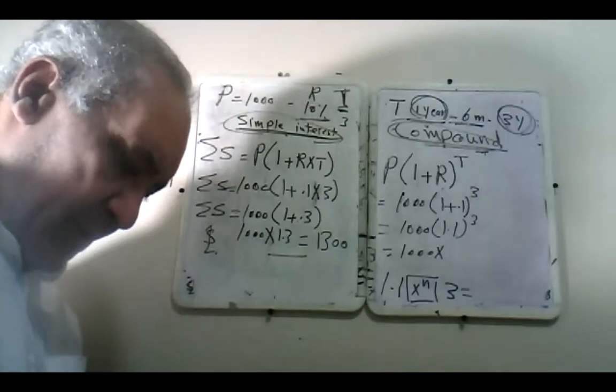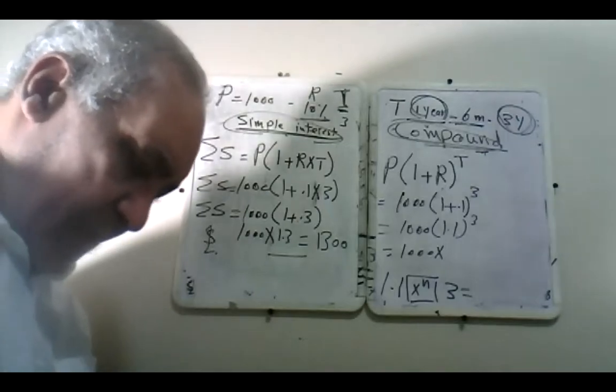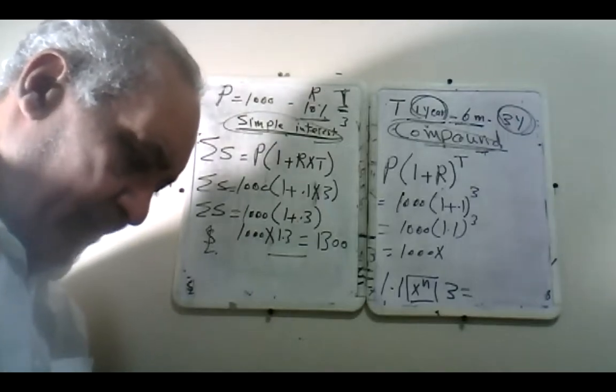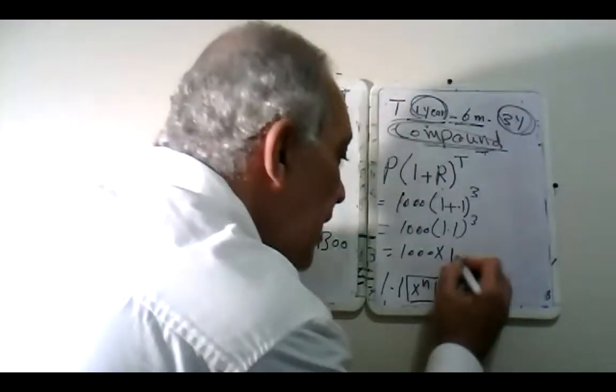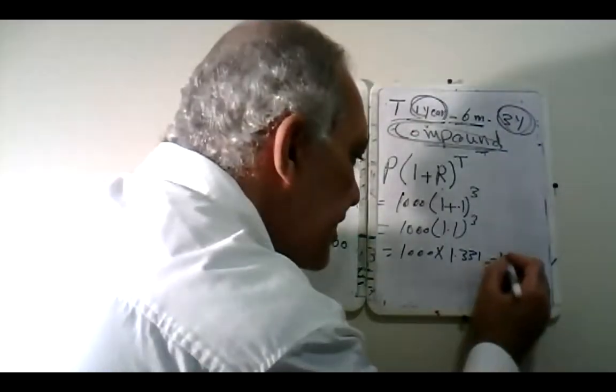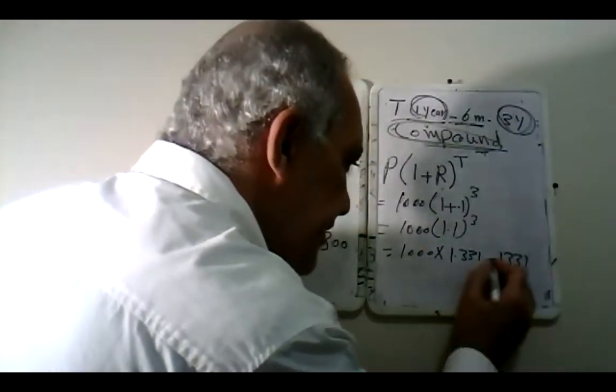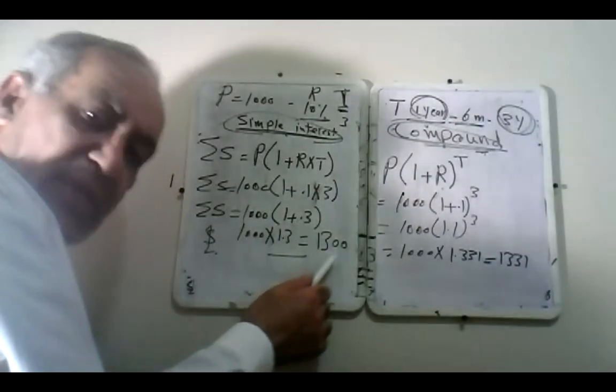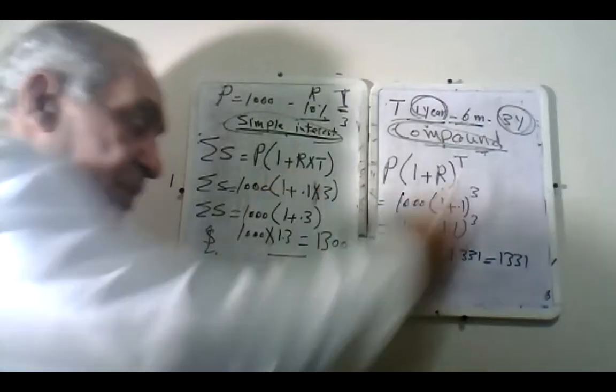That will give you 1.331. So when I multiply it that way, it will give me $1,331. In the simple interest, it was $1,300, but for the compound, it is $1,331.